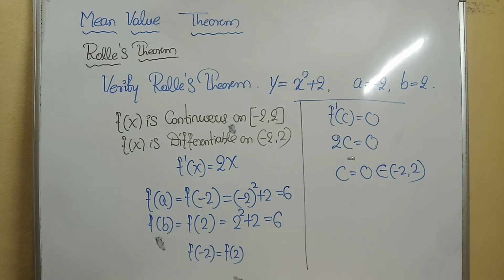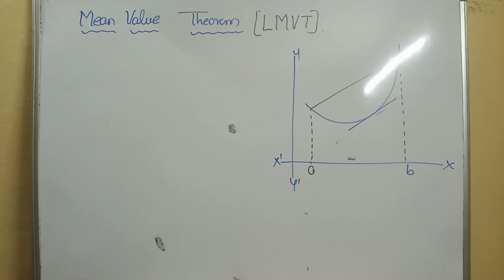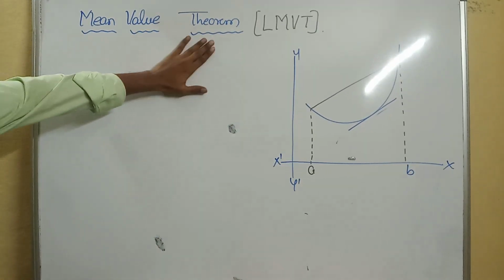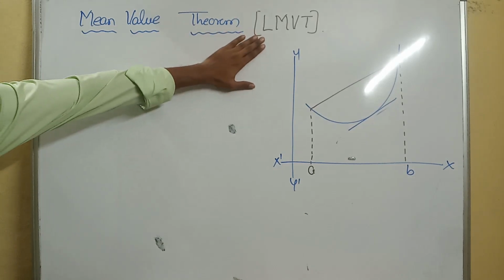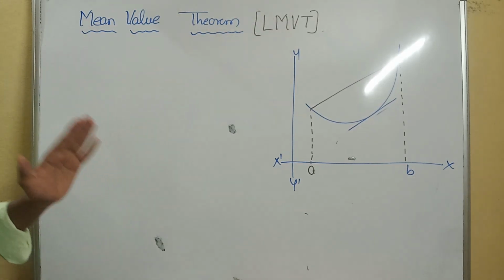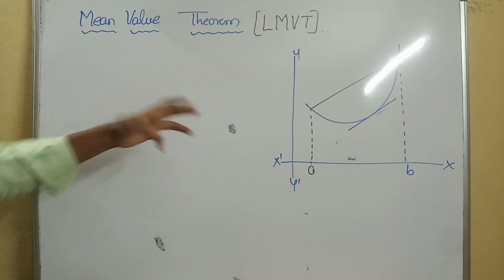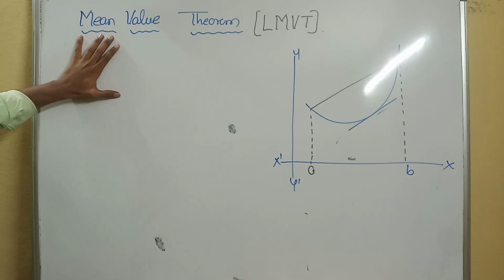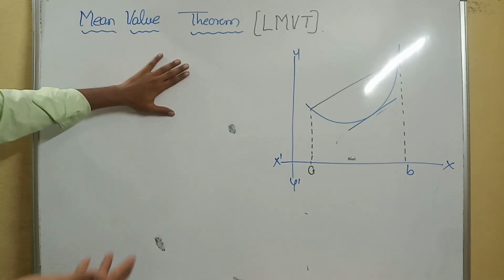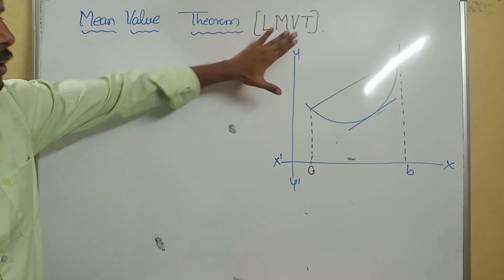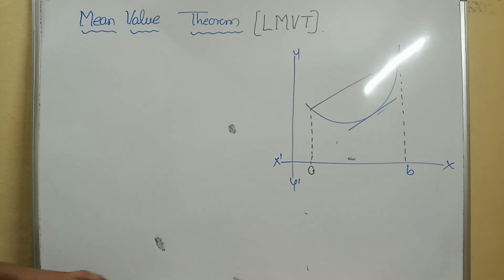Got it? The next aspect is mean value theorem, or Lagrange's mean value theorem. Okay, the graph is a little bit different from Rolle's theorem. It is the next version of Rolle's theorem. We can call it a mean value theorem as well as Lagrange's mean value theorem. I drew the graph already.